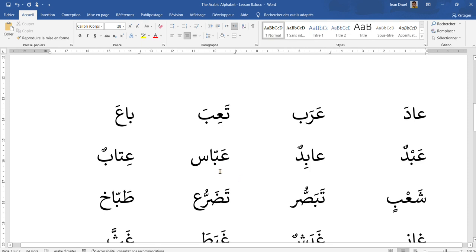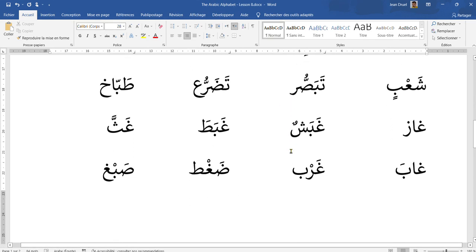Here you notice the difference: this is ʿAbbas, a given name. If I removed the shadda, I have ʿabas, but with the shadda, which is correct, ʿAbbas. The same goes here, if I write like this, I have ṭabakh, but with the shadda, which is the correct form, ṭabbakh.